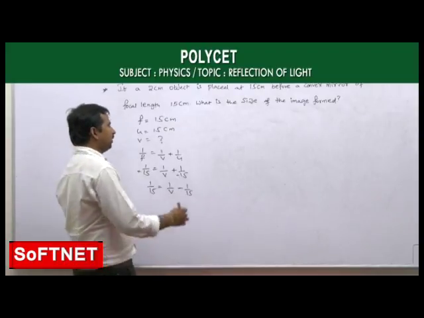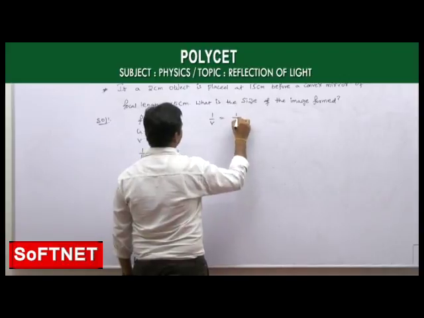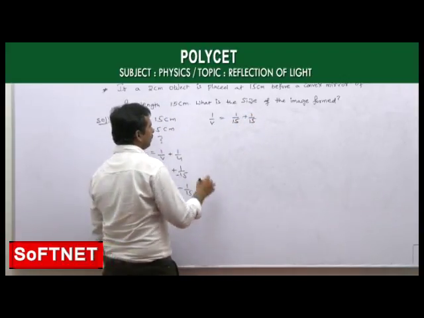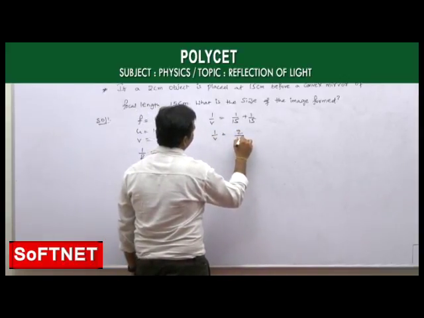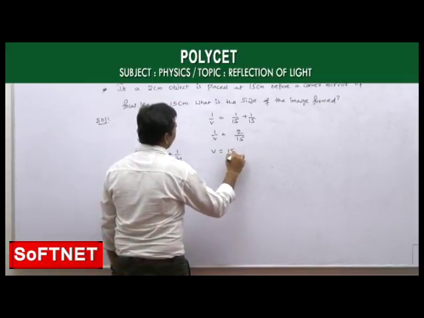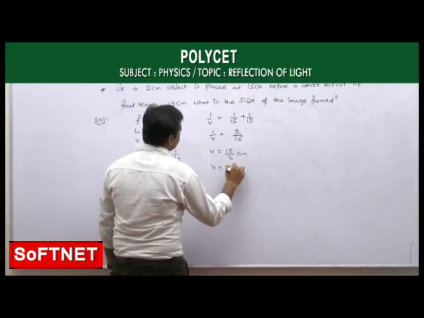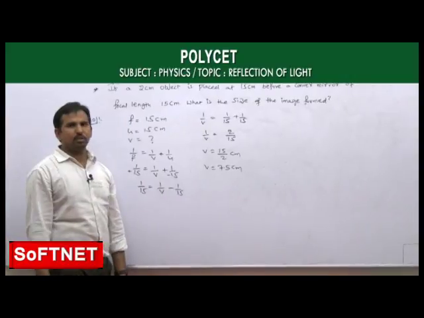Then 1 by v is equal to, if you bring this minus this side, then it becomes plus, 1 by 15 plus 1 by 15, which becomes 2 by 15. Then v is equal to 15 by 2 centimeters, which means v is equal to 7.5 centimeters. That is the image distance we got.